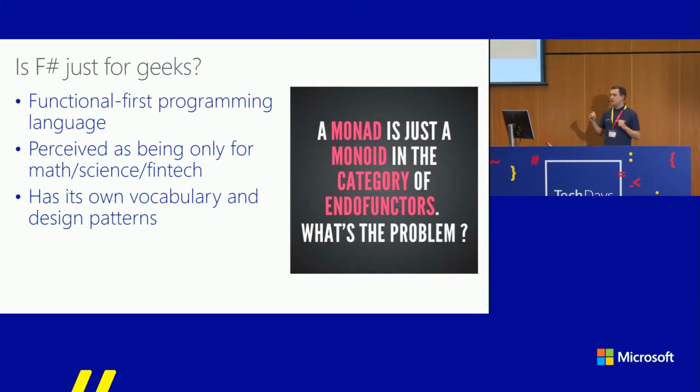But my point to make today is that it's a general purpose programming language. It has some vocabulary which is different from traditional object-oriented languages, which you need to learn. You also need to unlearn some other stuff which you learned before. But once you are there, you can use it for pretty much anything, at least for any modern application. You probably will not be able to do Silverlight with it.